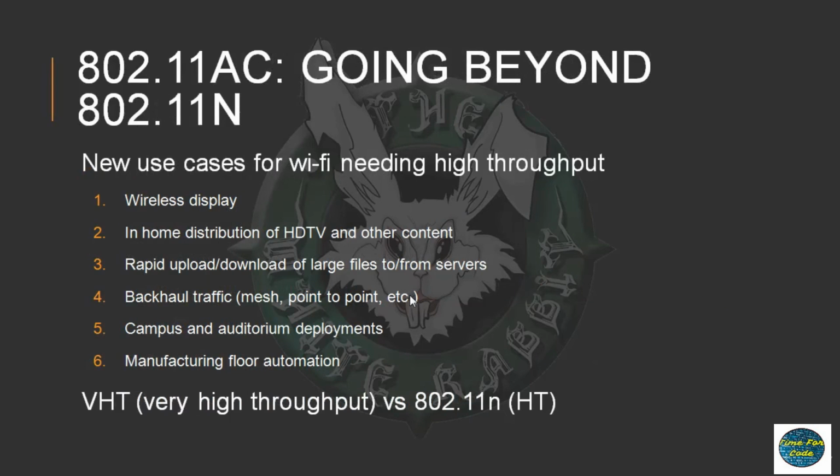Then going beyond 802.11n, talking about 802.11ac, because there were these different new use cases for Wi-Fi needing even higher throughput than before, things like HDTV were becoming more common. So there's something called very high throughput, that is, well, 802.11ac. It's very high throughput compared with high throughput in 802.11n.